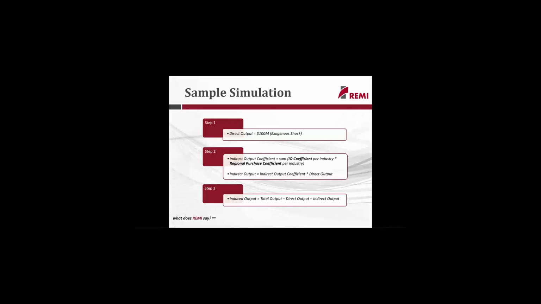So the first step is to calculate the direct output. In this case, it equals the 100 million sales increase. To calculate the indirect output, two variables are used, which are values in the national I/O matrix and the regional purchase coefficient. The I/O coefficient captures the immediate uses of inputs. For each dollar of output produced by the food manufacturing industry, the amount spent on supplier industries is provided in the I/O matrix.